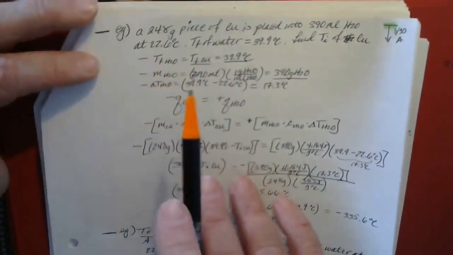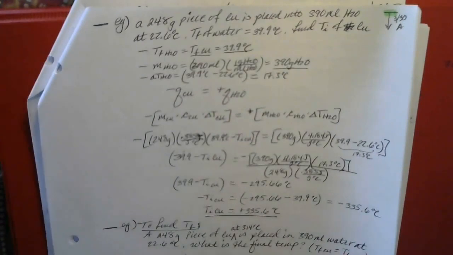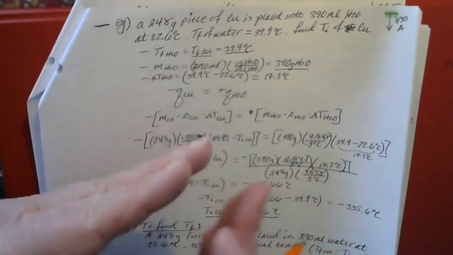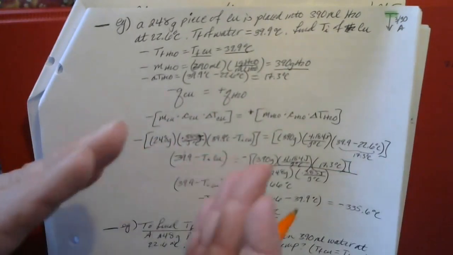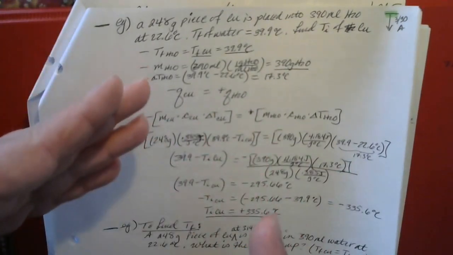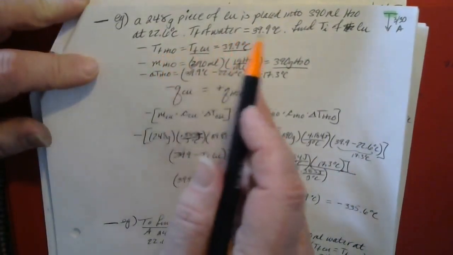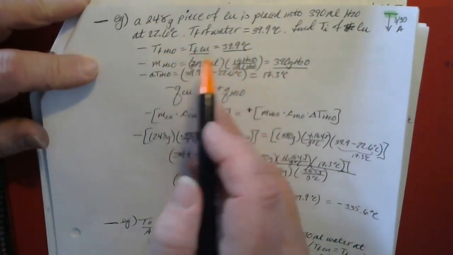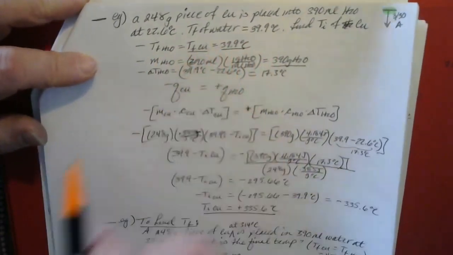Okay, first thing to keep in mind is that in cases like this, the final temperature of the water is always the same as the final temperature of the metal, as long as you let the process go to completion. So if you know one final temperature, you know the other. We know the final temperature of the water is 39.9, but that's also the final temperature of the copper, and knowing that will help us quite a bit.